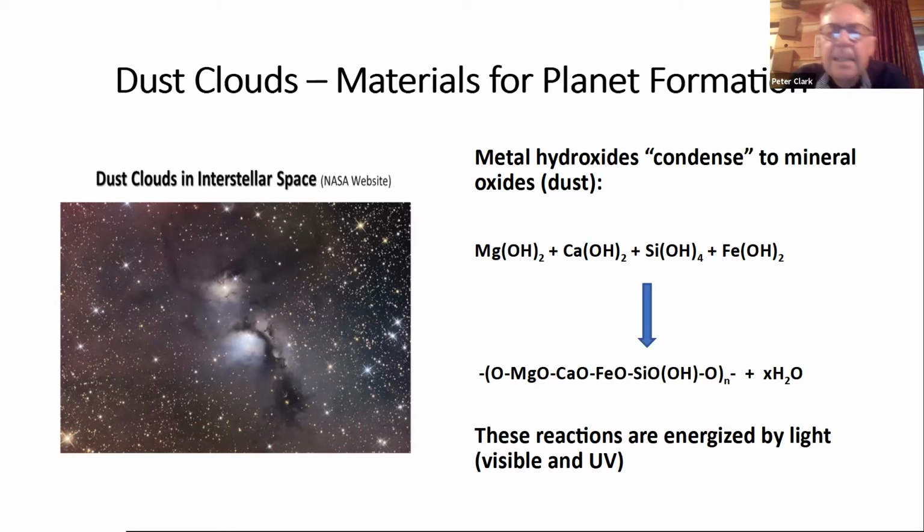And again, the dust that's formed then is a composite mineral. And as you can see from the picture, still on this diagram, the dust is absorbing a lot of light and obscuring the stars which are beginning to form within this dust cloud. And the dust cloud, as it becomes larger and larger, and you can appreciate this cloud is probably several light years across, is then a nursery for star formation. Okay, next slide.